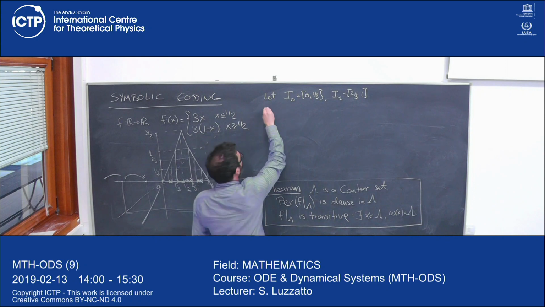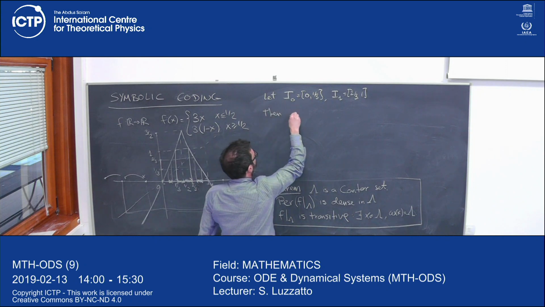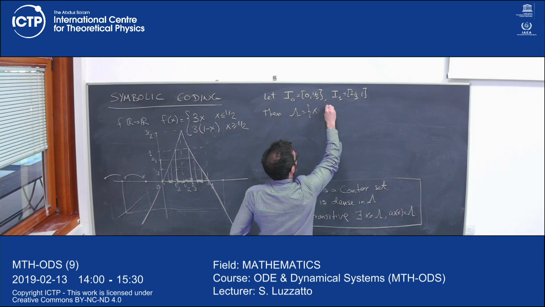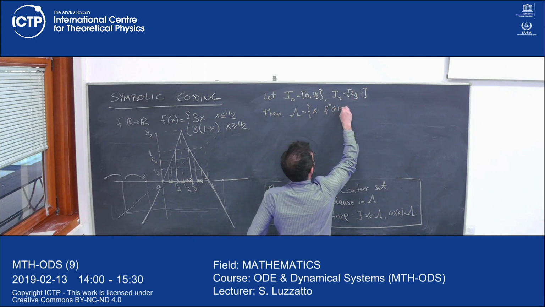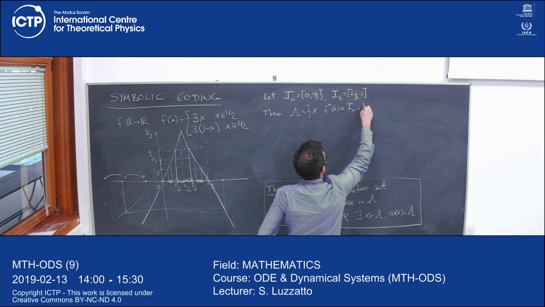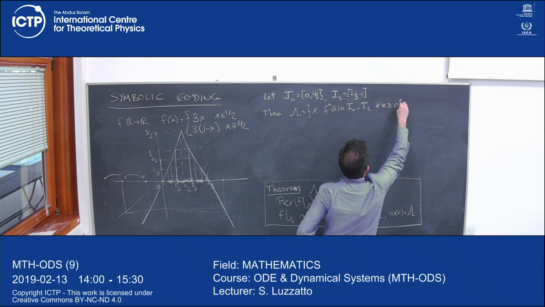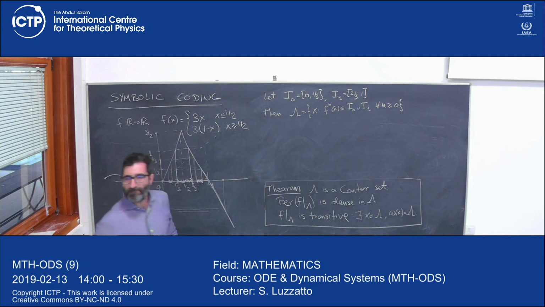Then lambda is equal to the set of x such that f^n(x) belongs to I0 union I1 for all n greater than or equal to 0. Do you agree with this?